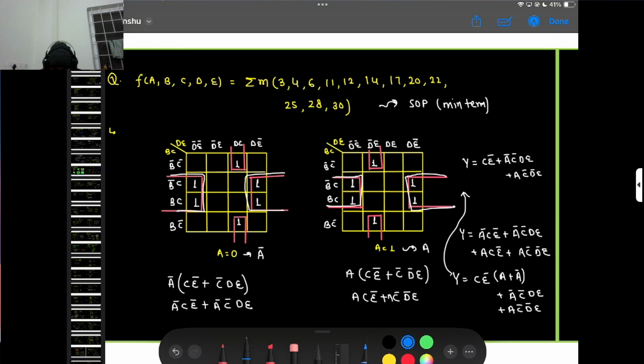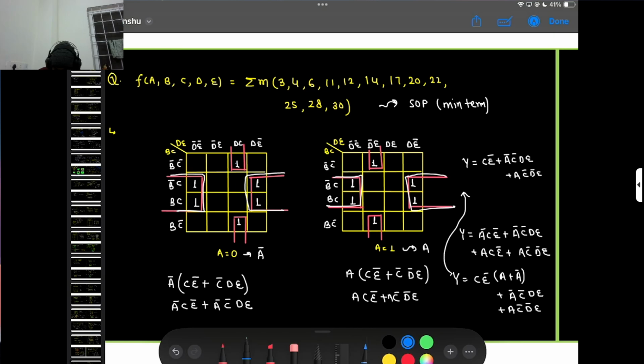For 3, how do I represent it? It comes in the A bar position, so A bar, then BCD, and DE is my 1 1. So this is my 3.